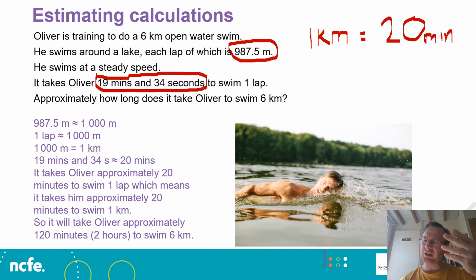We might say, go out and do 1K at this pace, 2K at this pace, etc. It's useful to use these estimations to think, actually, what am I asking my client to do? Because I think a lot of the time we really overestimate what people are actually doing. So it's useful to complete these estimated calculations, particularly when we're looking at training programs.